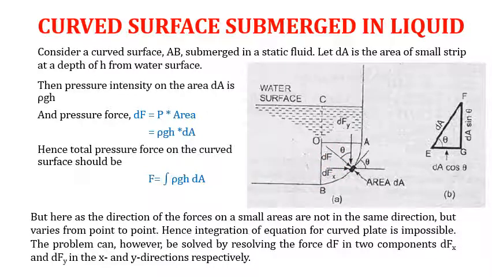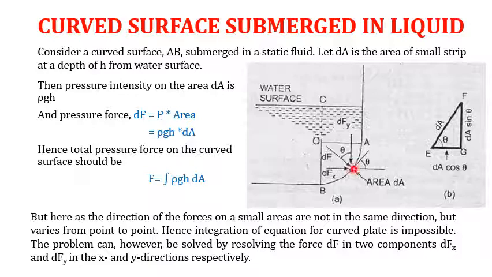So what we are going to do is convert this force dF into its components dFx and dFy, and later calculate the resultant horizontal force and resultant vertical force on the area, and after that we can find the resultant force because of the two component forces. You will see it in a little while.